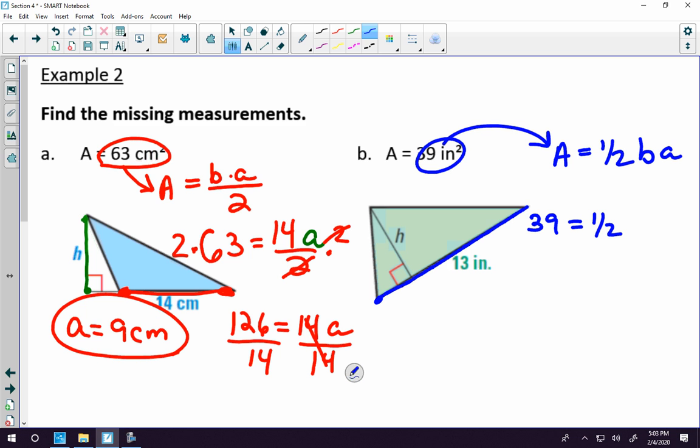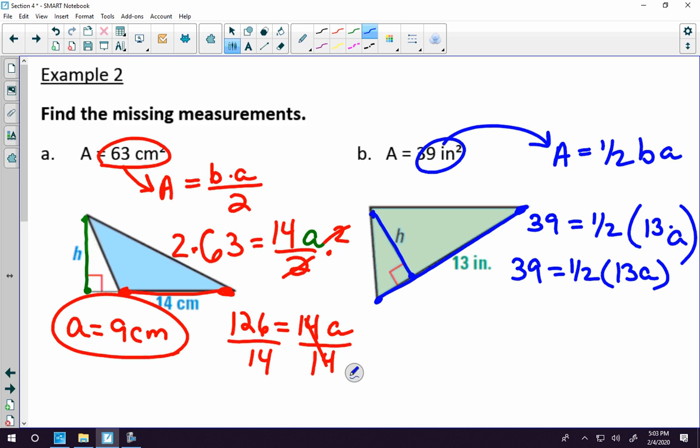The base length is 13, times the altitude. What segment is perpendicular to the base? That one. So we're looking for the altitude. Not always looking for the altitude, by the way. Sorry about the spacing there. Let me rewrite that for you. So we have 39 equals 1/2 of 13 times the altitude.